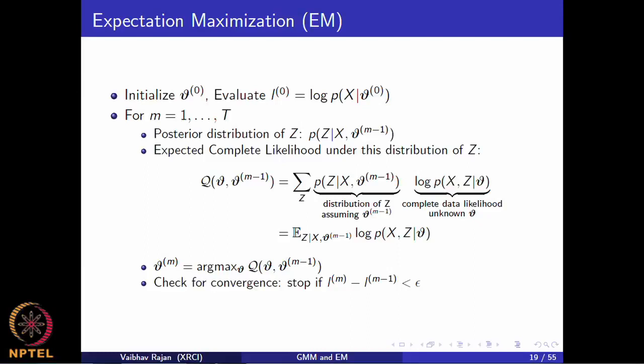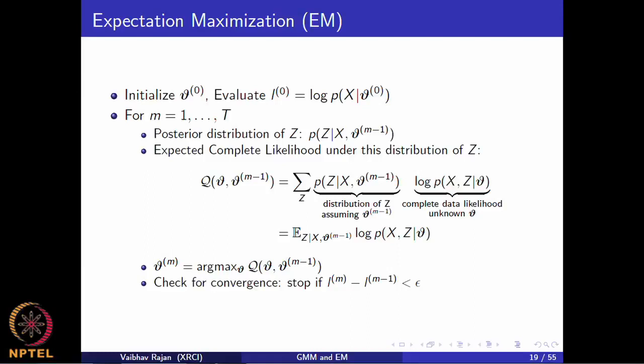First, compute the posterior distribution of z given the current estimate of the parameters. After that, you compute the expected complete log likelihood under this distribution. We call this the Q function.